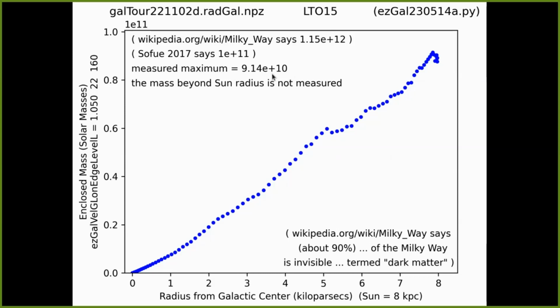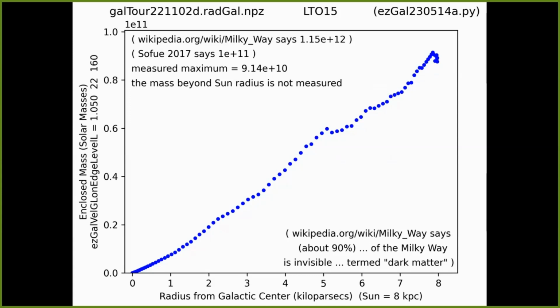But it's difficult to compare that to what the professionals say. There's a lot of different numbers. Wikipedia currently says 1.15 times 10 to the 12th. A recent paper from Sofue in 2017 says 1 times 10 to the 11th.